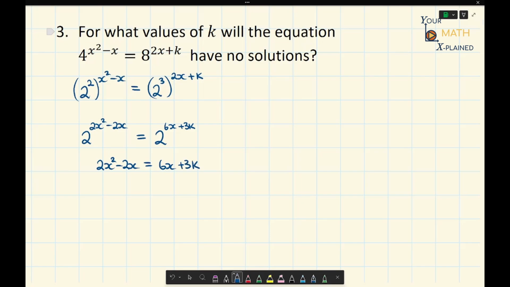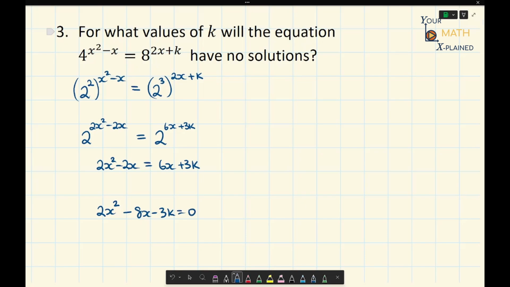So we want to solve this, and we want to find for what values of k will this have no solution. So here, this almost looks like a quadratic equation. So let's go ahead and move everything over to one side and set the other side equal to 0. So we get 2x squared minus 8x minus 3k is equal to 0.